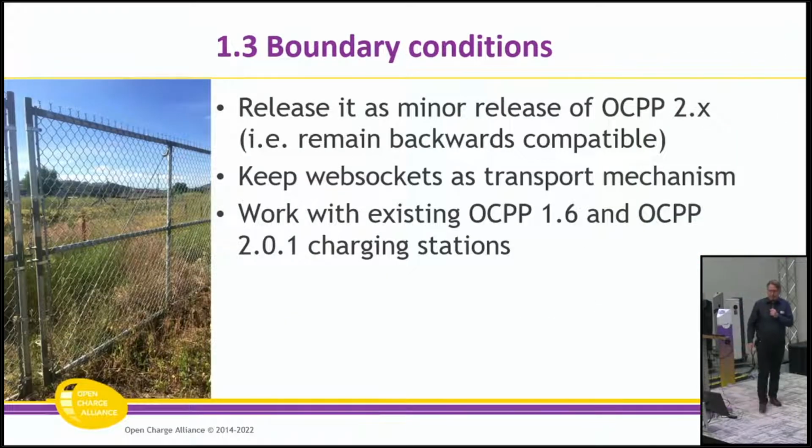We also set ourselves boundary conditions: if we add networking, we want to be able to add it in a minor release of OCPP, so it should not be completely breaking. You should be able to add it as a relatively small change. This also means we have to keep the WebSocket mechanism. We cannot suddenly say we are going to change to MQTT or something. Ideally, we also still want to use 1.6 or 2.0.1 charging stations, the regular ones in the field, so you can add your existing charging stations to this network.